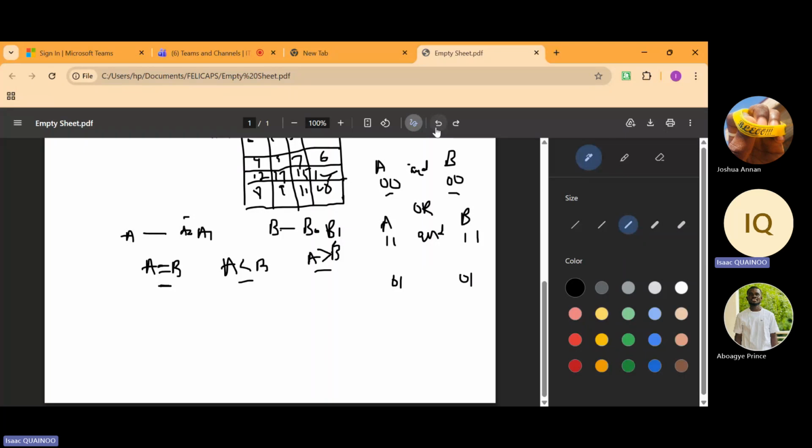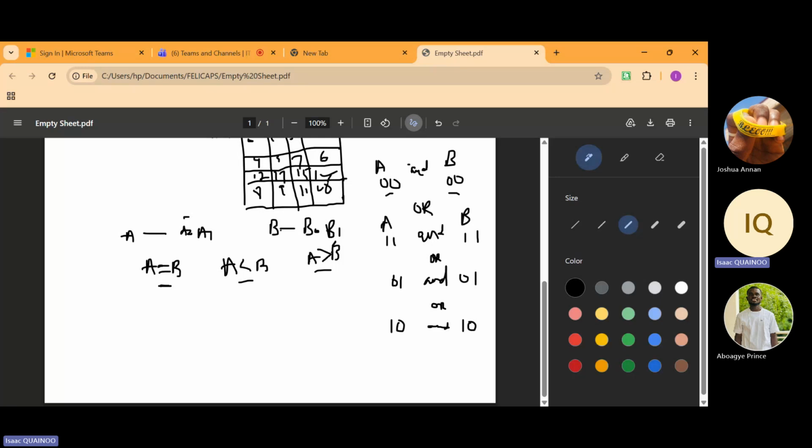So this is a third scenario: 0 and 1 and 0 and 1. If we have this, then we can also have 1 and 0 and 1 and 0, because 1 is equal to 1, 0 is also equal to 0.